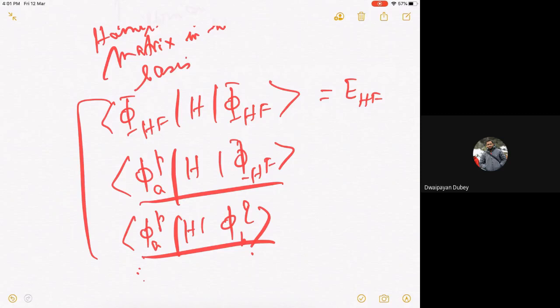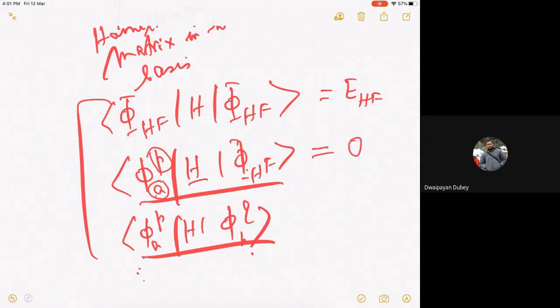In Brillouin's theorem, you will see there is a nice simplification. If I start from Hartree-Fock orbitals, where this is occupied and this is virtual, I will show that these matrix elements are all zero. That is, the Hamiltonian matrix element between Hartree-Fock and a singly excited determinant is always zero. It's a very beautiful theorem.